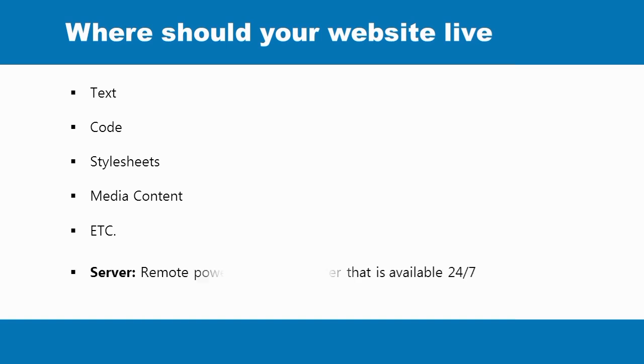A server basically is a powerful remote hosting computer that is always on 24/7. This is where your website will live if you want the world to access your website. There is usually a charge for this hosting service.